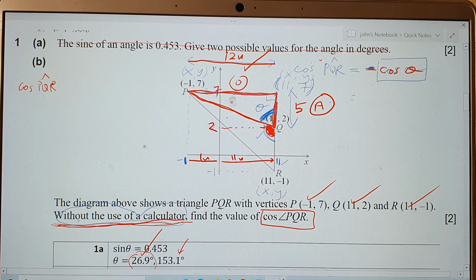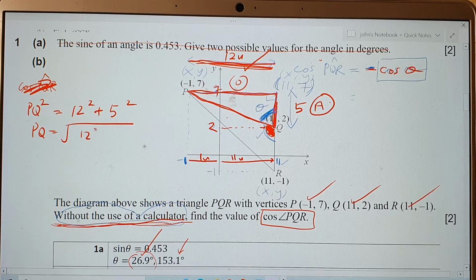Now, how do I find this particular PQ? You just use PQ square, hypotenuse square, equals 12 square plus 5 square. So your PQ is this.